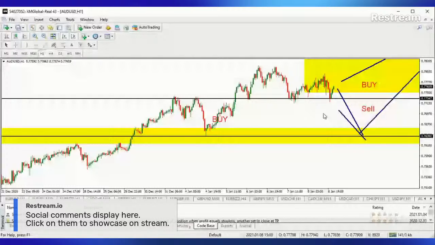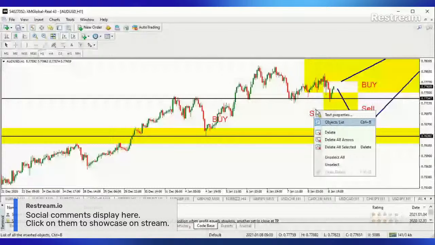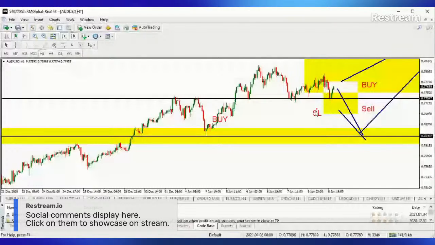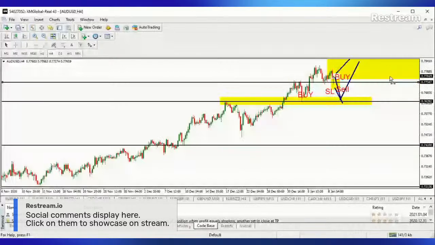Okay, so if you're buying somewhere here, make sure your stop loss is here. That's if you're buying that, which is still a good buy for now.